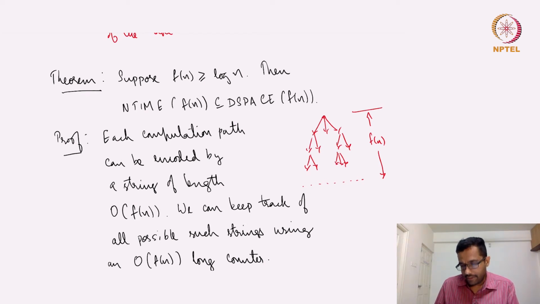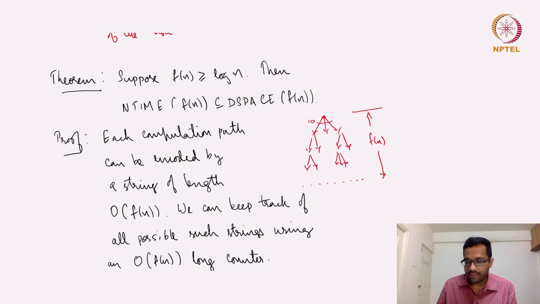Now the point is this: we can assume that the branching factor of the Turing machine is a constant, let's say it is 10, because the branching factor only depends on the Turing machine and not the length of the input.